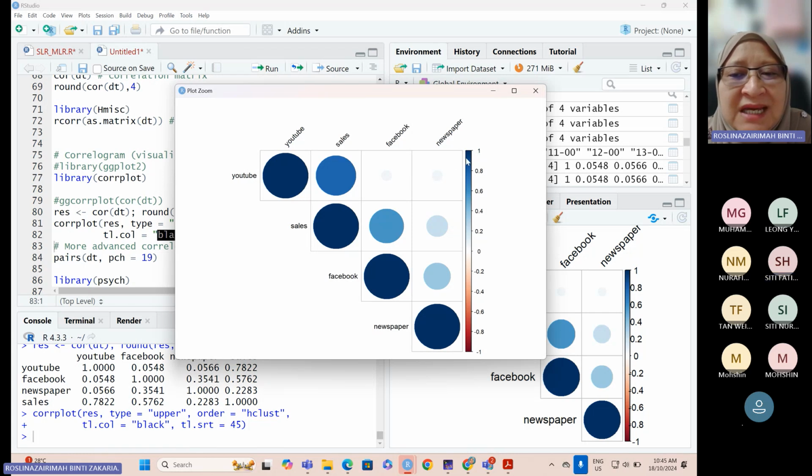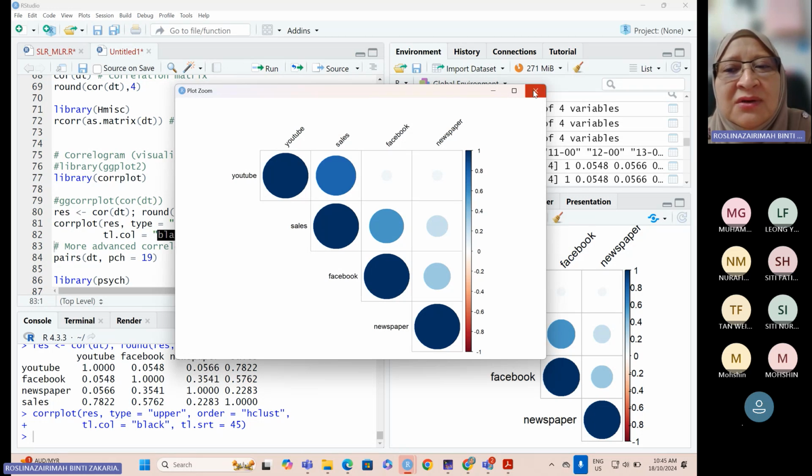Okay, thank you. So if it is darker, that means strong positive. If you have brown colour, that means negative correlation. But in this data, there is no negative relationship. Only positive relationship exists. Okay, thank you, Doctor. But some variables are not strong.